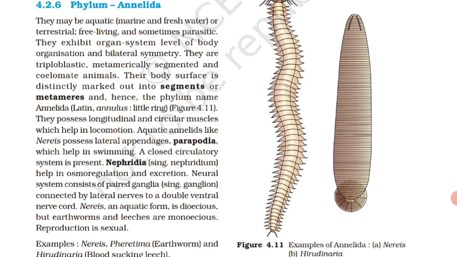Phylum Mollusca. This is the second largest animal phylum. Mollusks are terrestrial or aquatic, that is marine or freshwater, having an organ system level of organization. They are bilaterally symmetrical, triploblastic and coelomate animals.